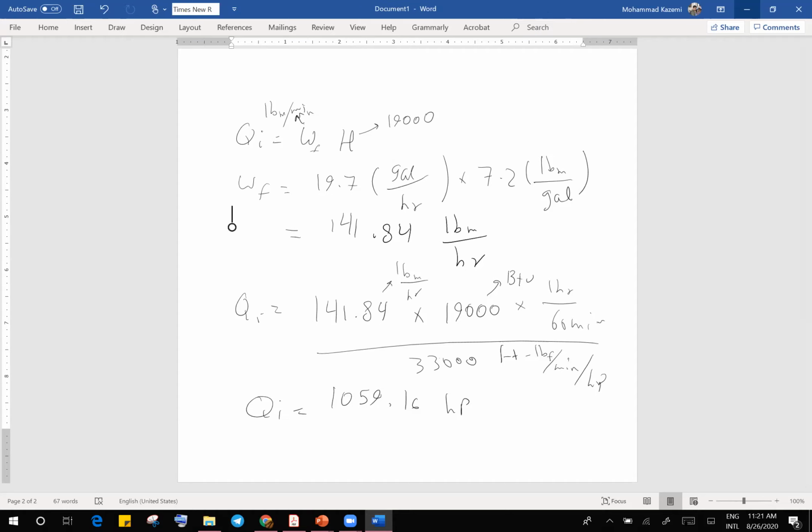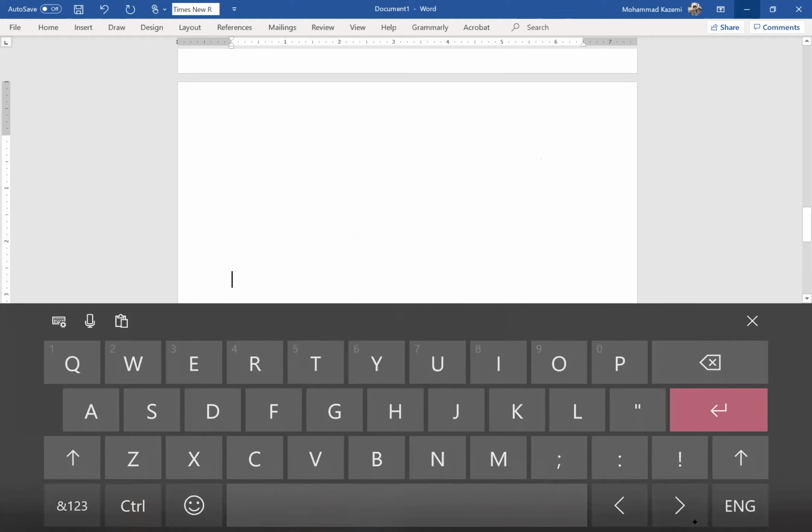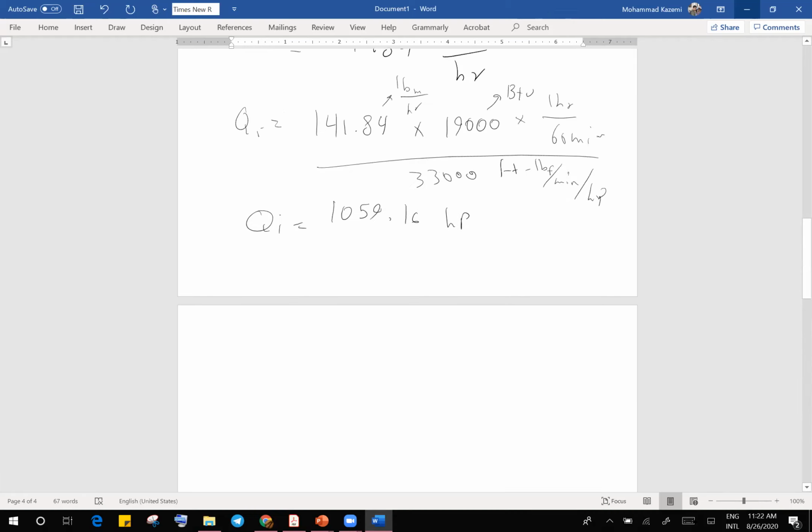I'm trying to create a new page, hopefully. All right, a new page is created. Another page is also created. Okay, so efficiency is P over Q_I.